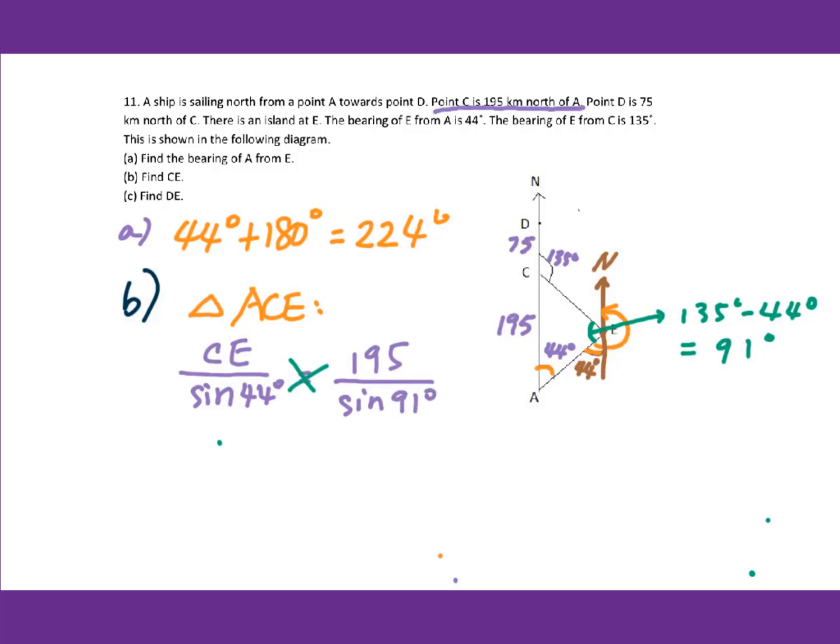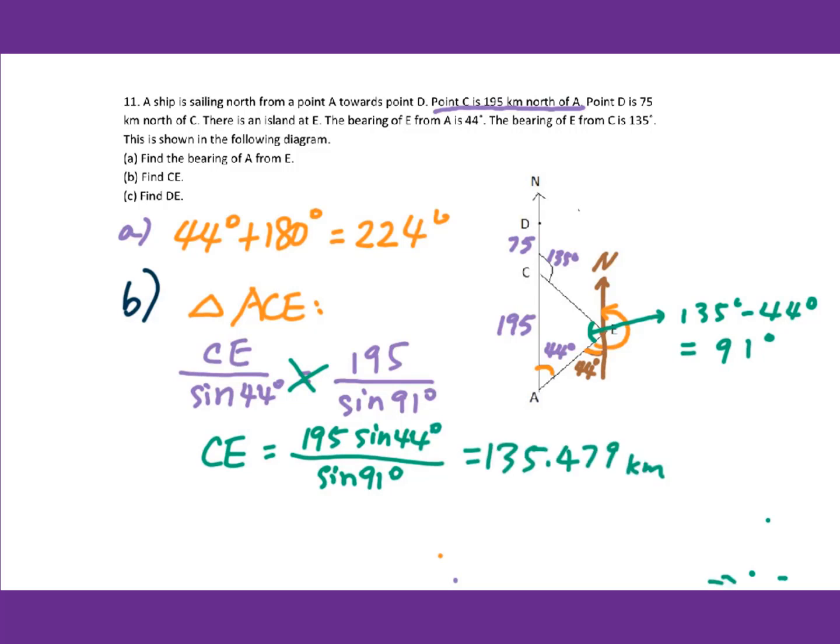Cross multiply, CE equals sine 91 degrees goes to the denominator because it is on the same line as CE. Then 195 sine 44 degrees equals 135.479 kilometers will be the distance between C and E.